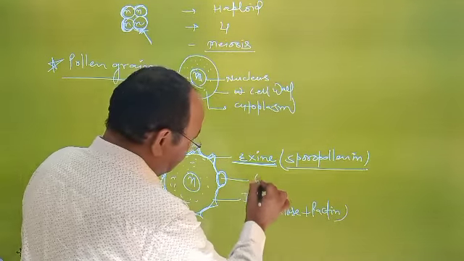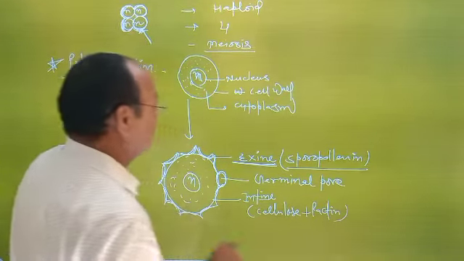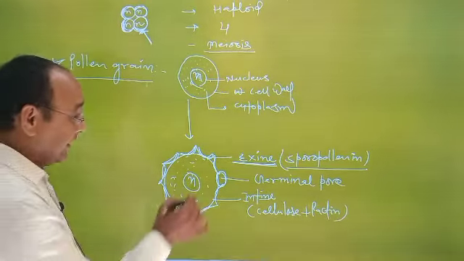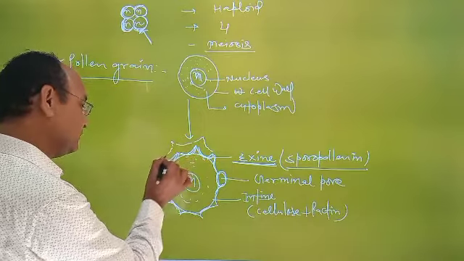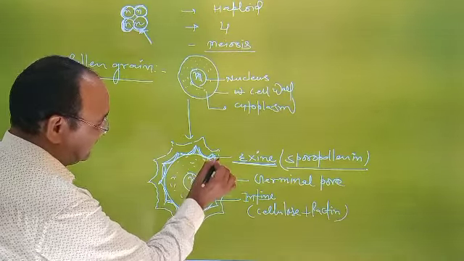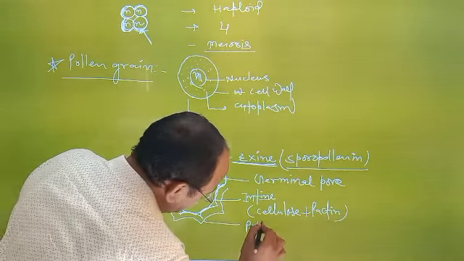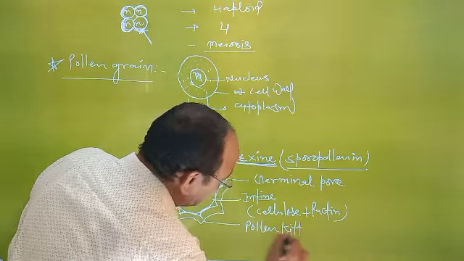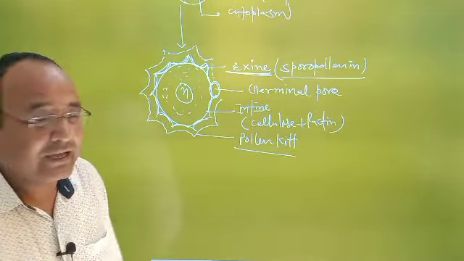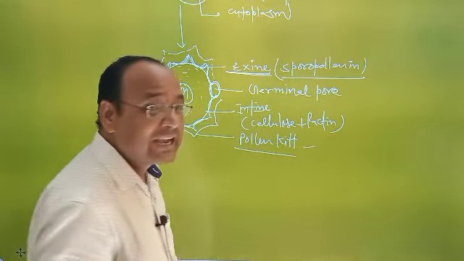There is a place where the exine layer is absent, or where the deposition of sporopollenin is nil. This part is known as the germinal pore. So in a pollen grain there are exine, intine, and germinal pore. In some pollen grains, another layer is also present, which is called pollen kit. Pollen kit is a sticky, adhesive layer which helps in insect pollination.